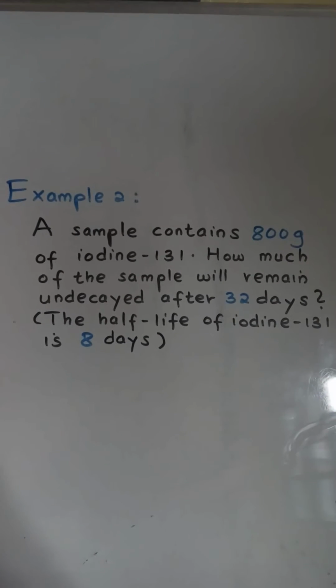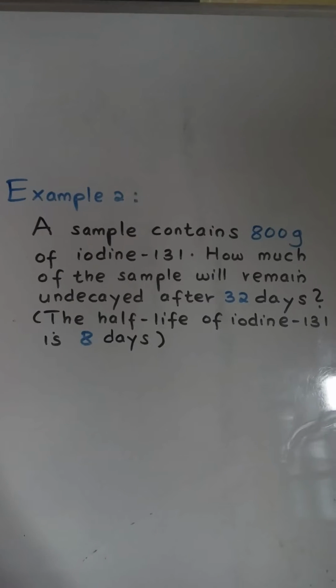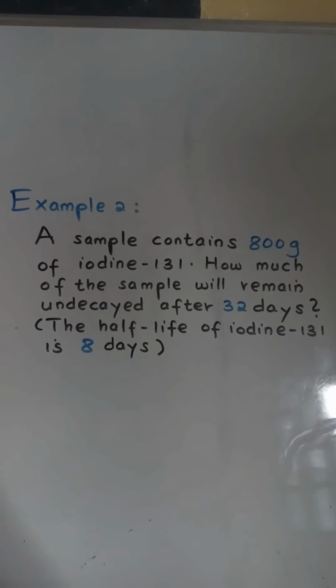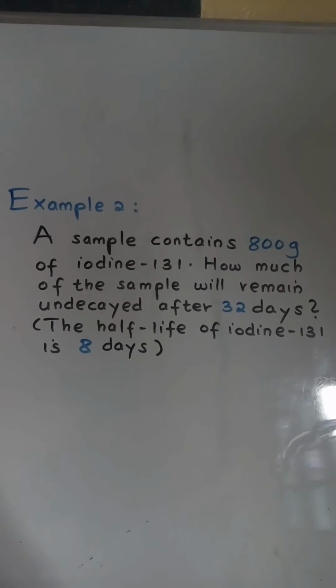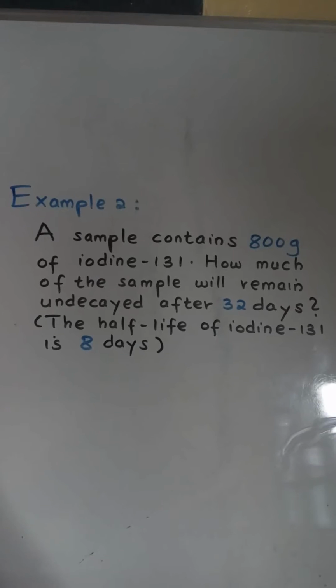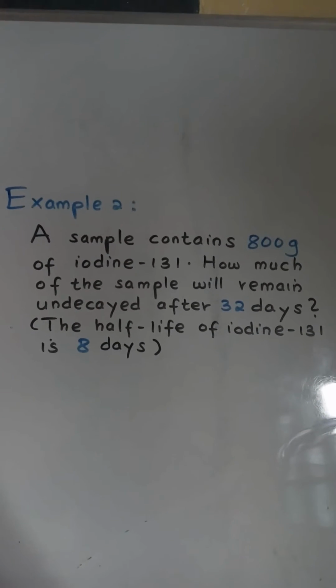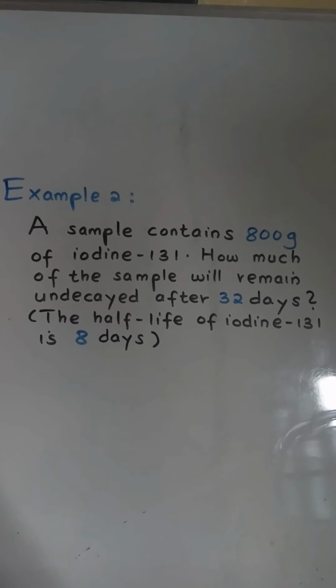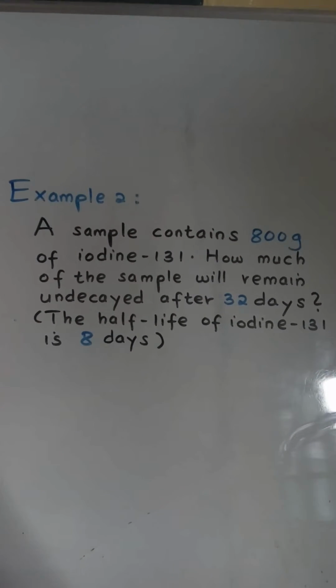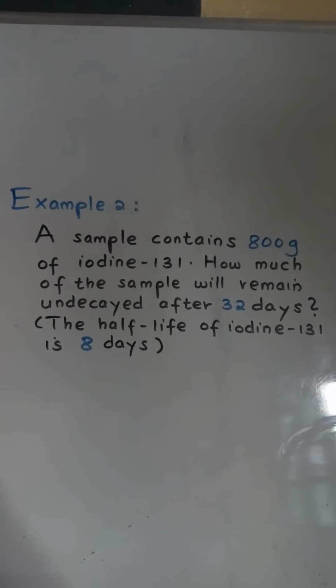Example number 2. A sample contains 800 grams of iodine 131. How much of the sample will remain undecayed after 32 days? The half-life of iodine 131 is 8 days. Data given.